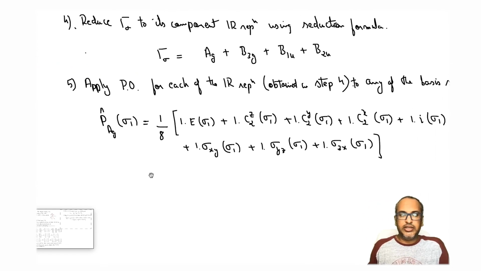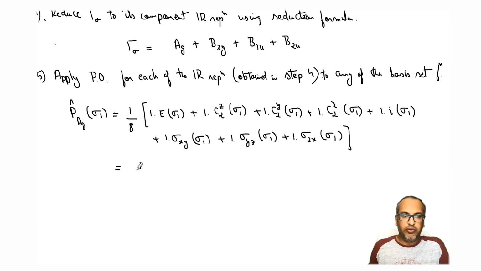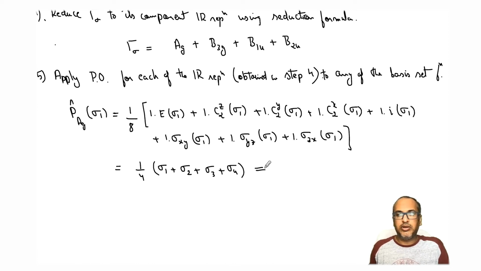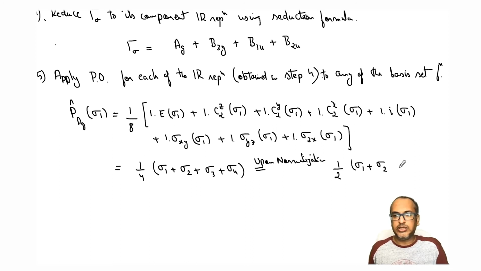So the result is going to be 1 over 4 times sigma 1 plus sigma 2 plus sigma 3 plus sigma 4. Upon normalization, you can write this as 1 by 2 times sigma 1 plus sigma 2 plus sigma 3 plus sigma 4. Remember, we need to develop orthonormal sets, so this has to be normalized.